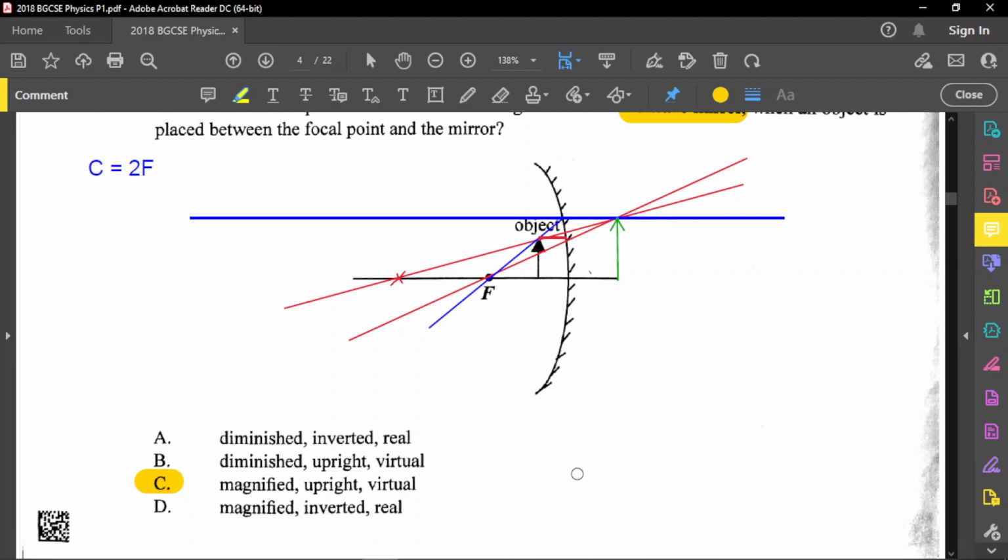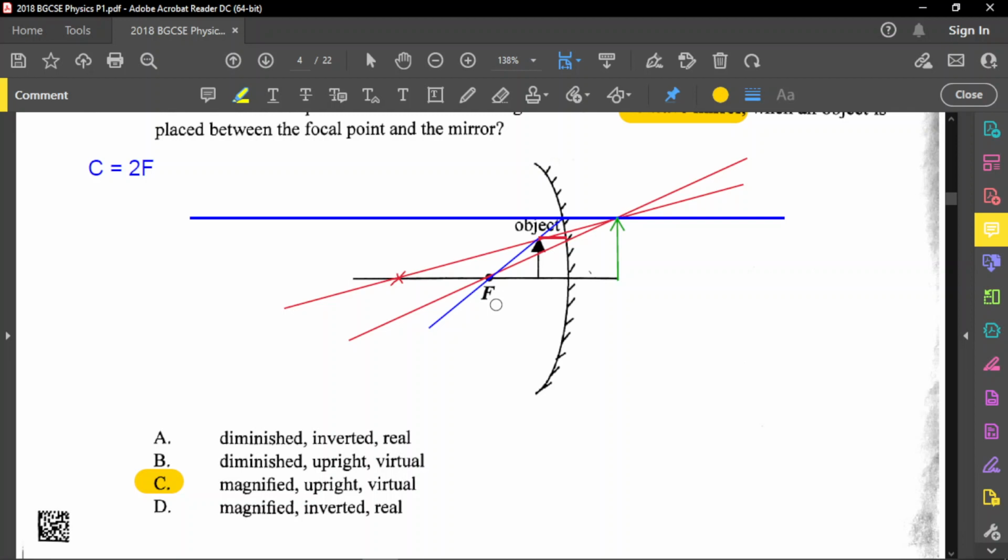Now, if the object was beyond F, or far away from the mirror, as far away as possible, so whether it be at F, between F and 2F, or beyond 2F, what will happen is that the image that is formed will be real, and it will also be reduced in size, so it will be diminished, smaller, and real.